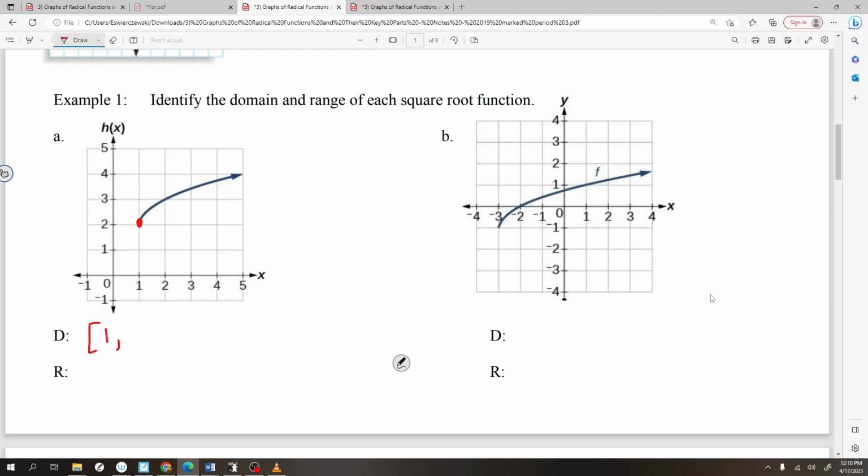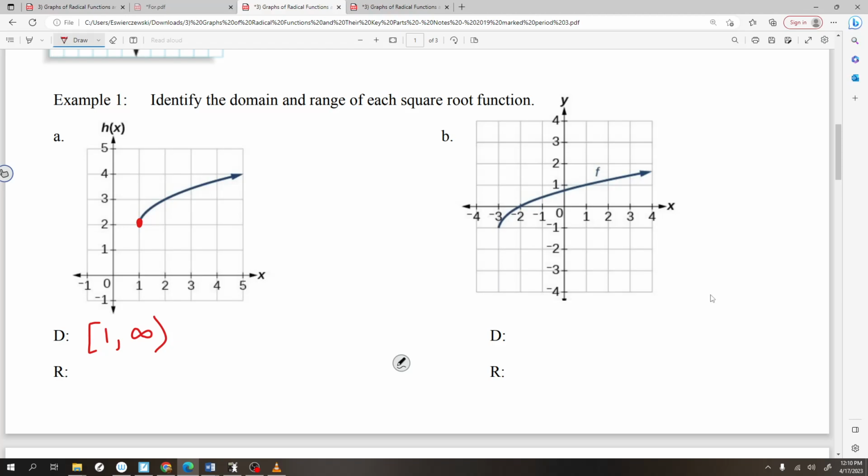How far to the right does it go now? Sarah? Infinity. Whenever you're using either infinity or negative infinity with interval notation, you put a parenthesis around it. Always a parenthesis with infinity or negative infinity.